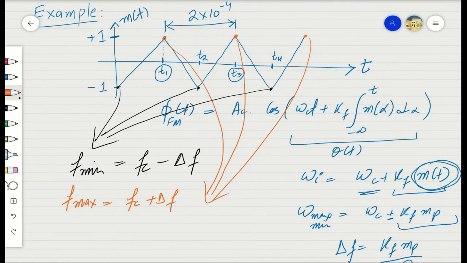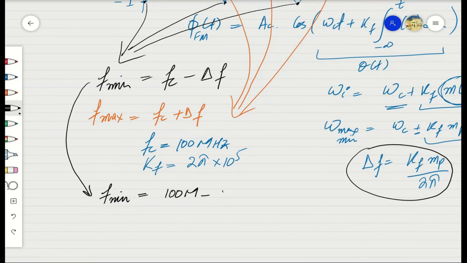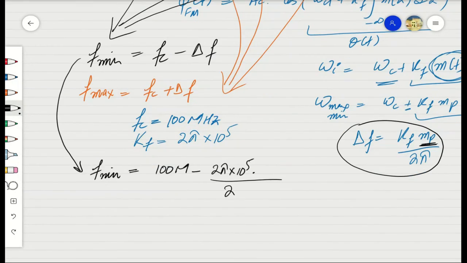For instance, if we consider that carrier frequency fc is equal to 100 megahertz and the constant kf is equal to 2 pi into 10 raised to the power 5, the minimum frequency can be calculated as 100 megahertz minus delta f. Delta f is defined as kf, 2 pi into 10 to the power 5, multiplied by the peak amplitude of the information signal, that is plus 1 and minus 1 for this example, divided by 2 pi.